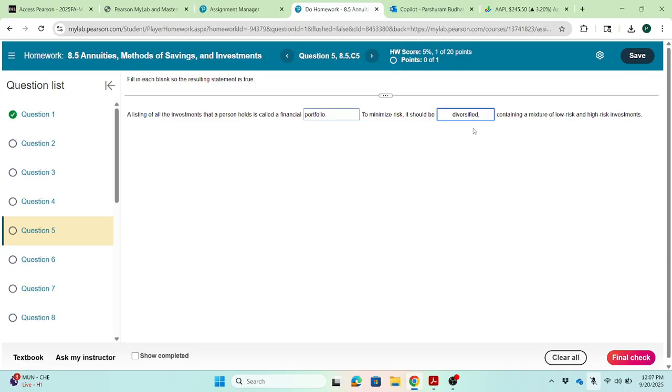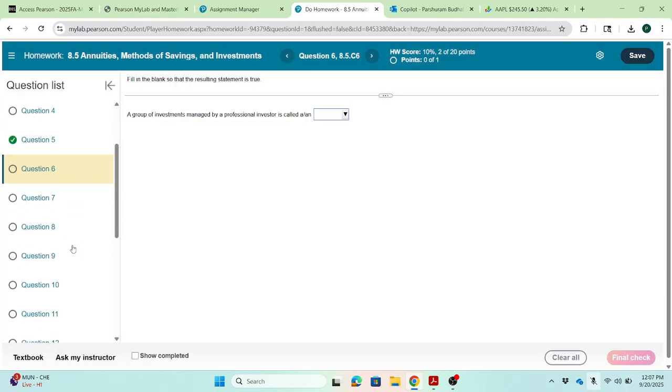Diversified means if you just invest in one type, then if that type goes down, your risk is very, very high. But if in your portfolio you have different types, then that's called diversified. Then risk is low compared to just owning one type of stocks or bonds or real estate.